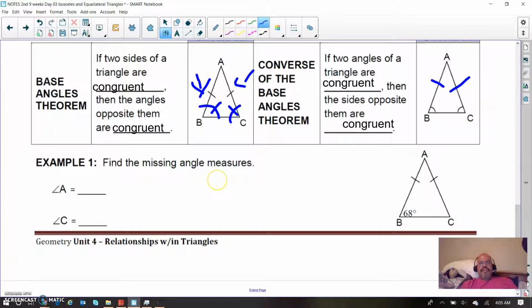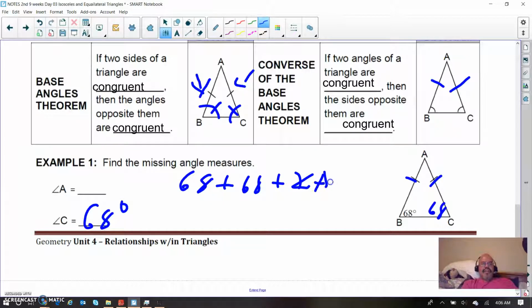Okay, so here we go. Find the missing angle. Since this side and this side are congruent, this angle is also 68. So we write 68 degrees over here on C. Then we have 68 plus 68 plus angle A equals 180.